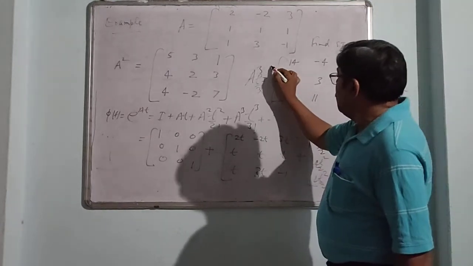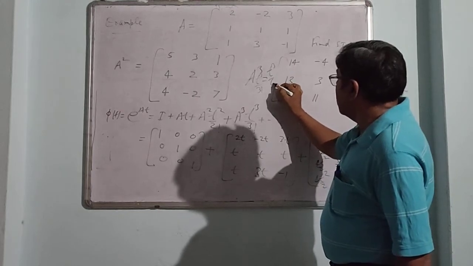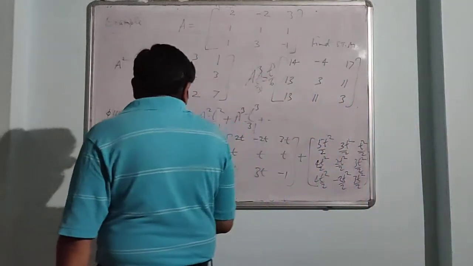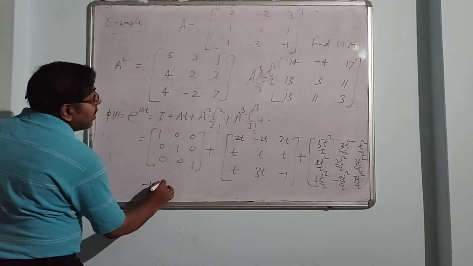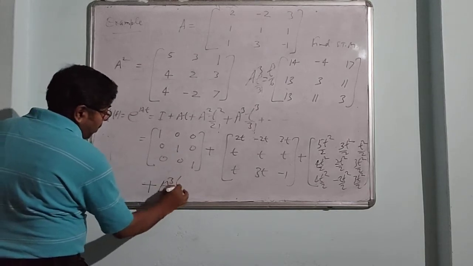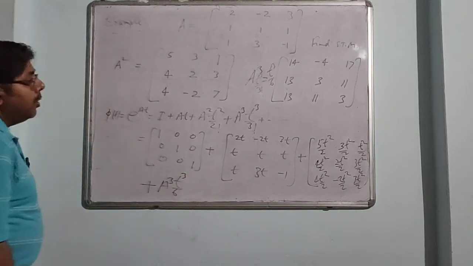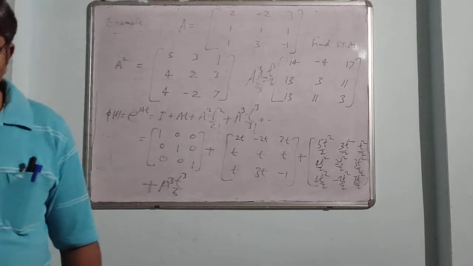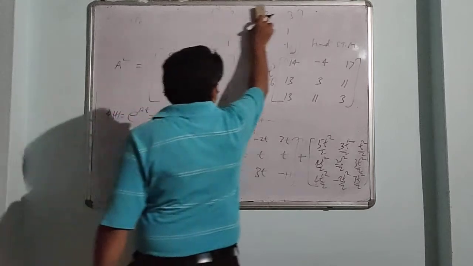So you can multiply it by t cube upon factorial 3, that is 6. So this is added here, plus A cube t cube upon 6. This whole term is added. After adding all these terms, you will get the state transition matrix.